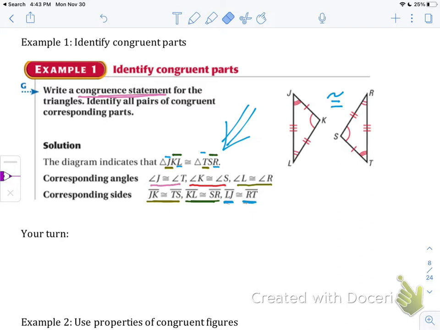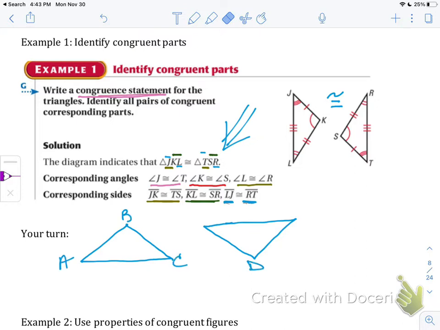Okay, so let me give you a triangle. So let's have this one, and I'll do that one. So this is ABC, and this can be DEF.